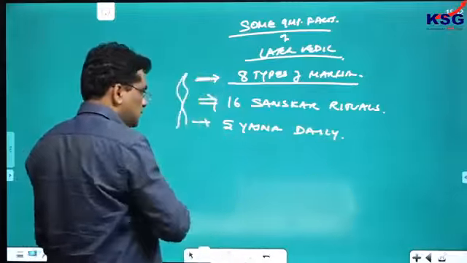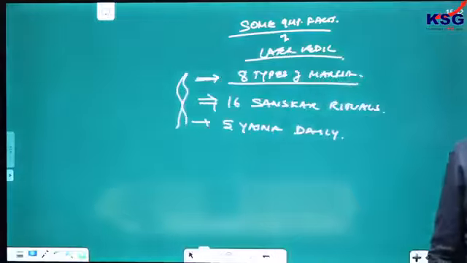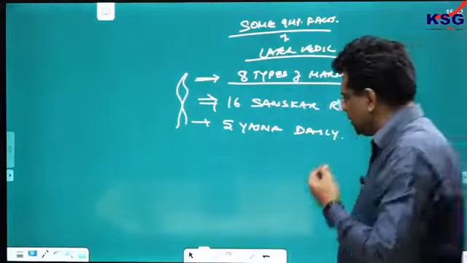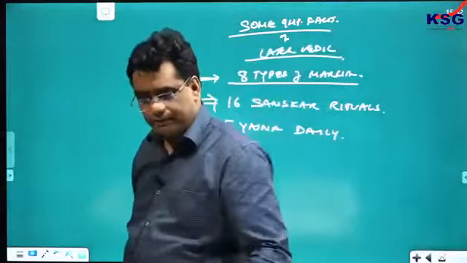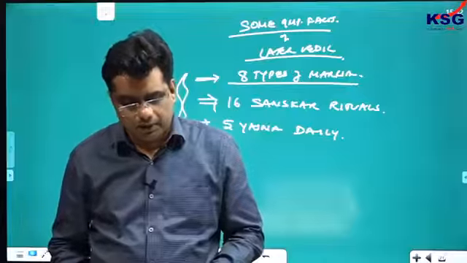These are there in the later Vedic period. Societal concept: 5 yajna daily, 16 sanskars.